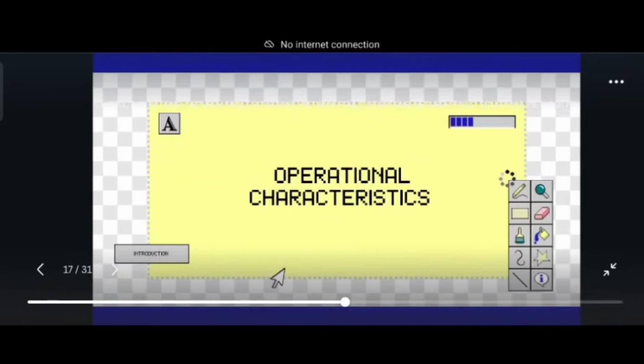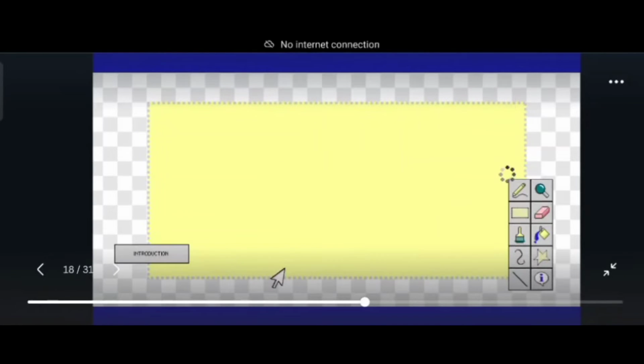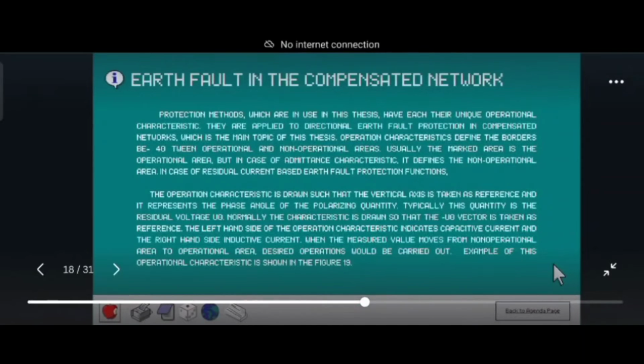Next, the operational characteristic. The protection methods in use in this thesis each have their unique operational characteristic. They are applied to directional earth fault protection in compensated networks, which is the main topic of this thesis.